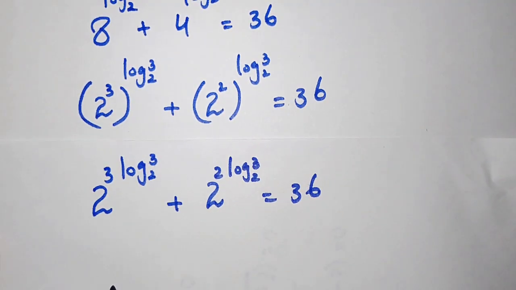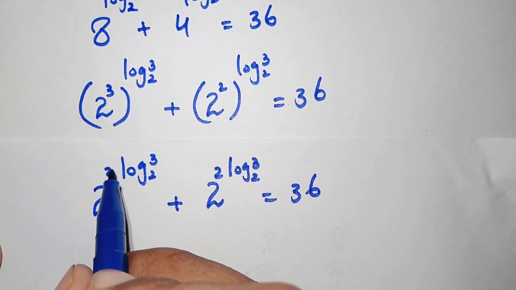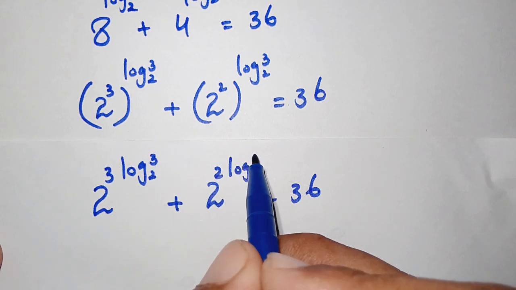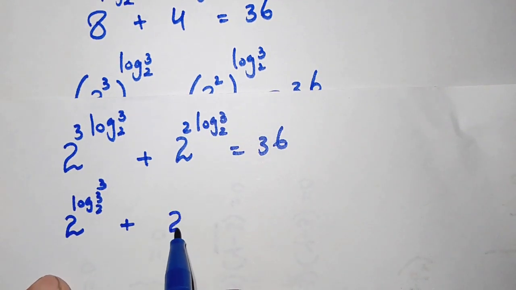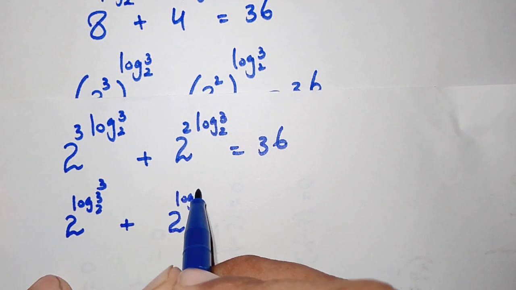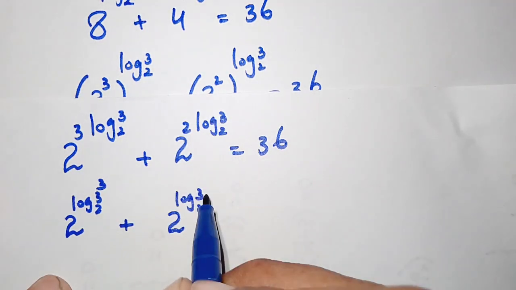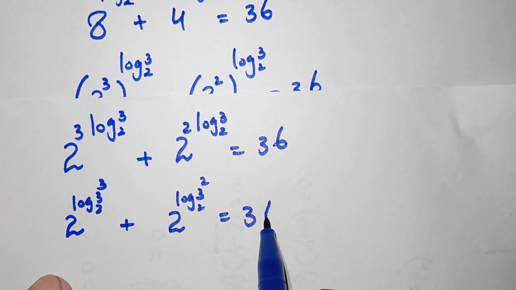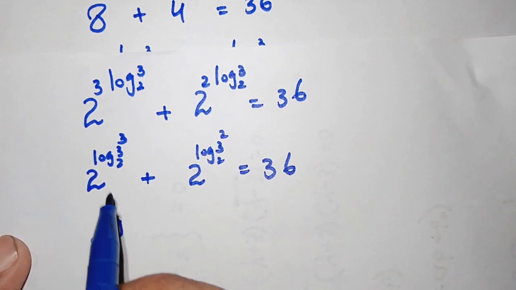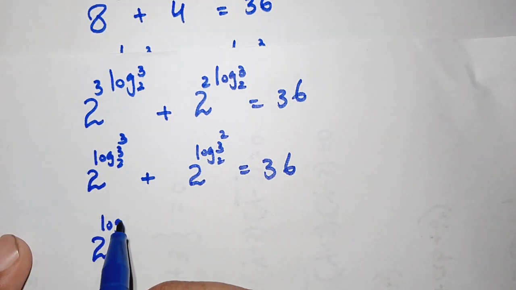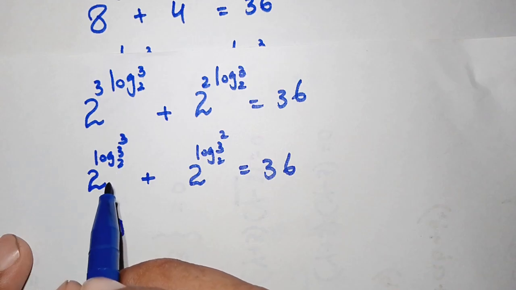Now in the next step, to solve this question, we have to move this 3 to the power and also this 2 to the power here. So this will become 2 to the power of log of 3 of base 2 and this 3 moves to the power here, plus here 2 to the power of log of 3 of base 2 and this 2 moves here to the power, which is equal to 36. 2 to the power of log of here 3 to the power of 3, this is equal to 3 times 3 is equal to 9. 9 times 3 is equal to 27.